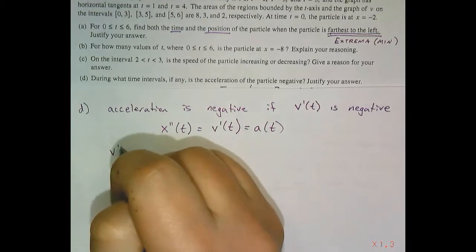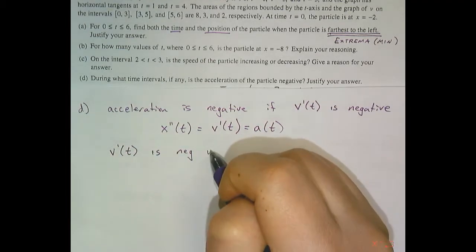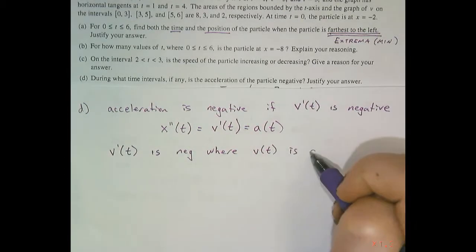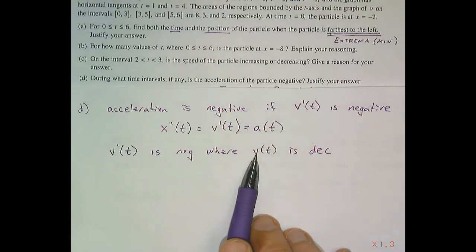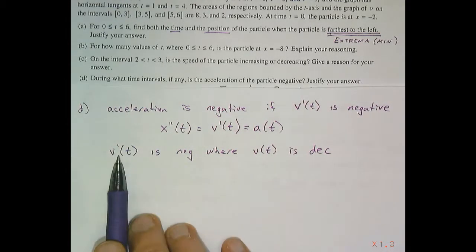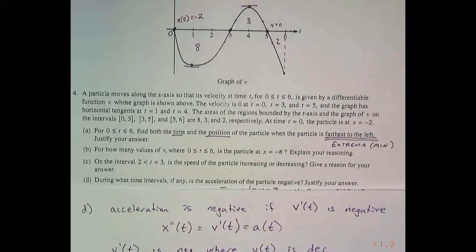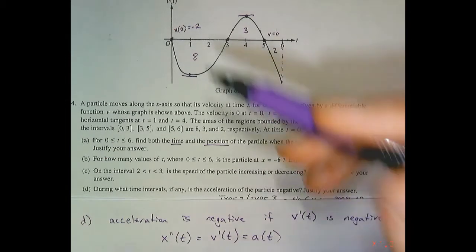Well, v prime of t is negative where v of t is decreasing. That's a functional relationship. A function will be decreasing, therefore its derivative is negative. So we want to look at the graph here and see if there's any intervals on which this function is decreasing. And we do have an interval.